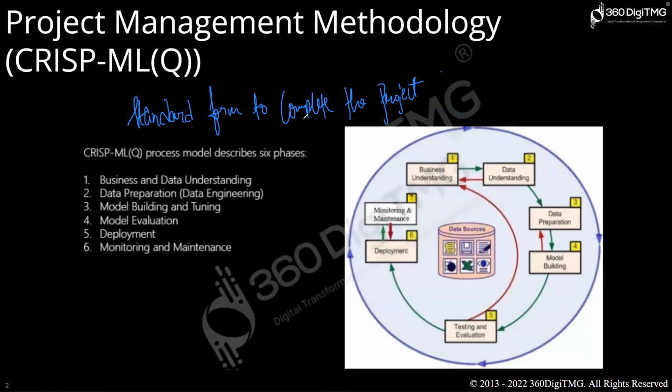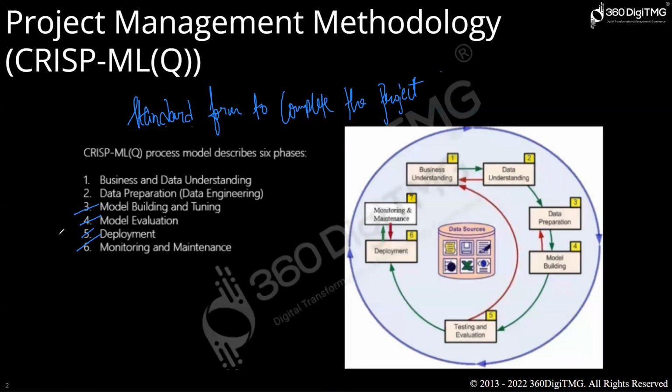We have seen what are the steps involved, what are the 6 phases that make sure to complete a standard project. The 6 phases for this project management methodology are business and data understanding, data preparation, model building, model evaluation, deployment, monitoring and maintenance. These are the 6 things, guys, which are required to complete the project in standard form.